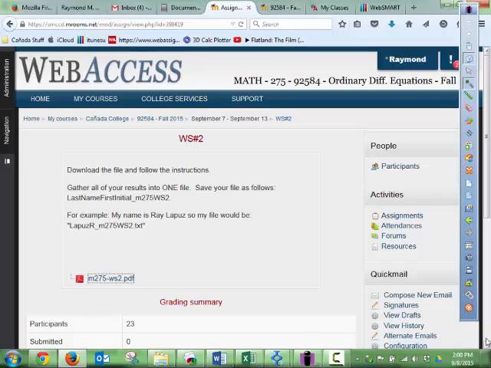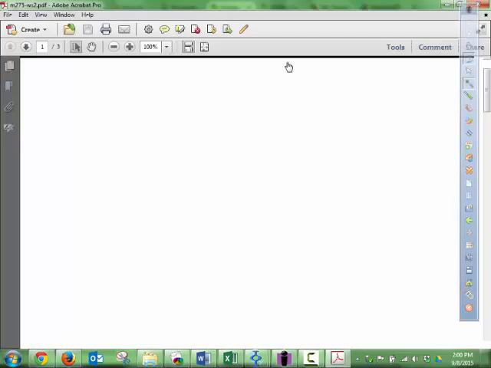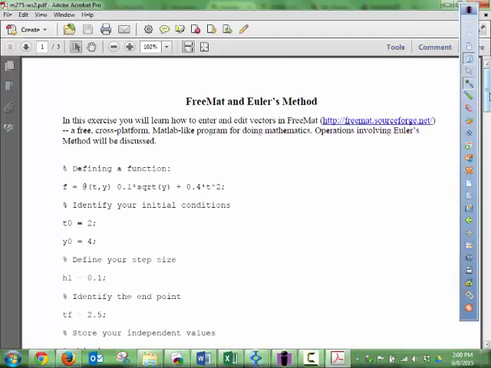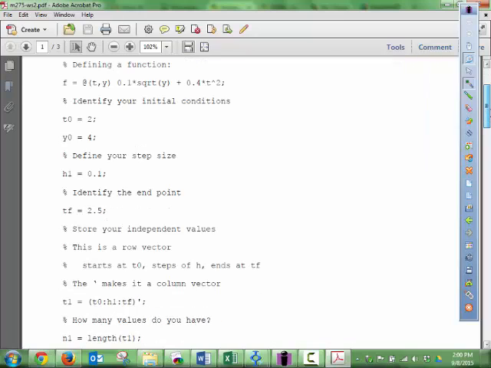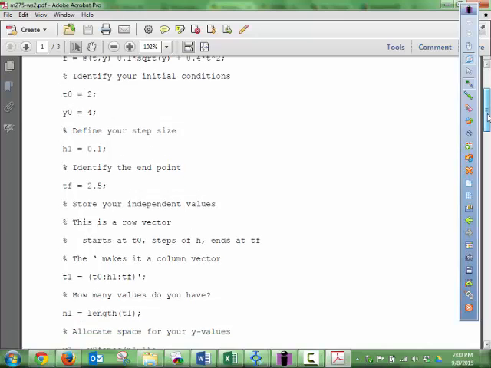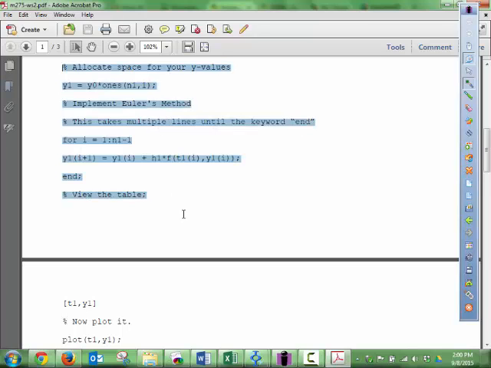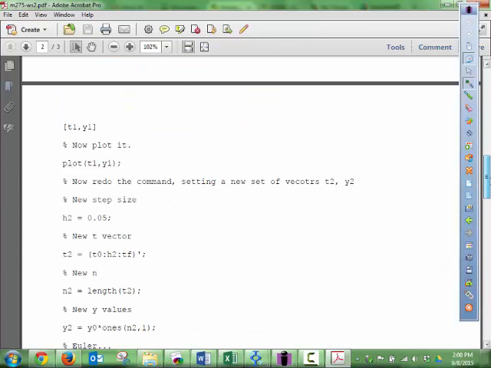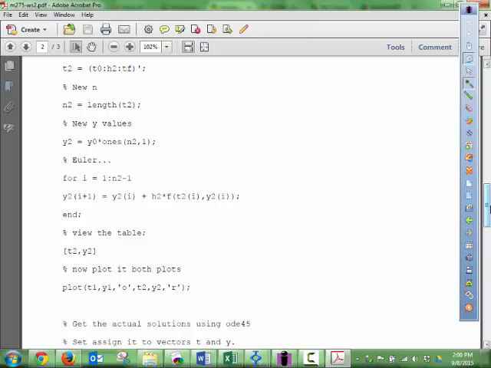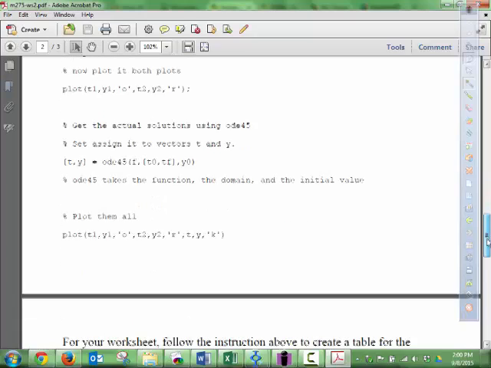It has the web page where you can download FreeMat. It has all the steps that you can follow to create your plots and your solutions. And what you could do is literally just copy and paste this onto a script, if that makes sense to you as a Matlab person, and then run it on your machine so you can see how it runs.